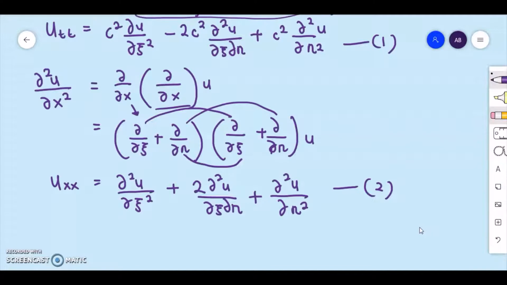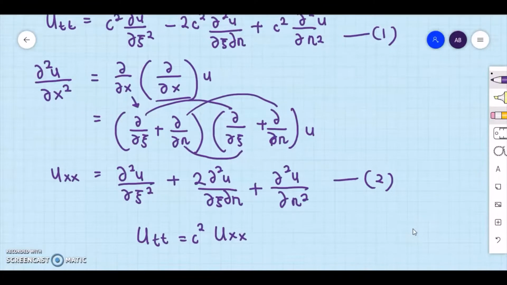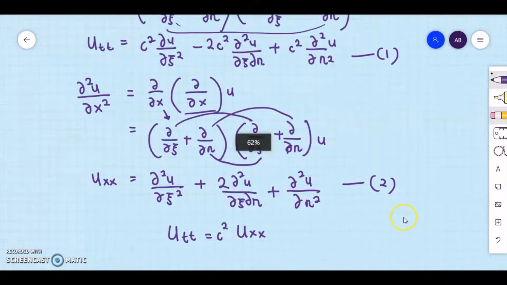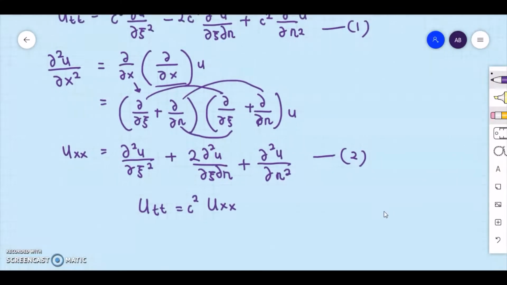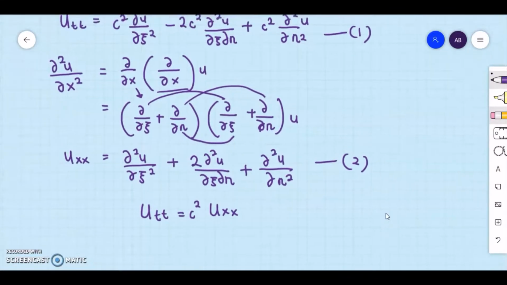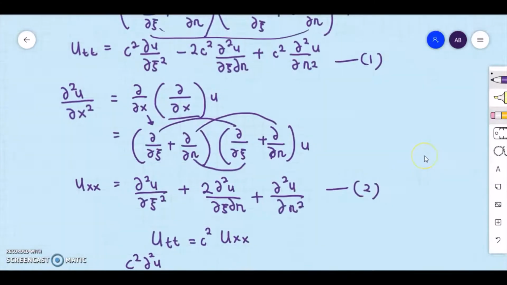Now substituting this equation, it's going to involve a very long equation. Make sure I remember what I'm writing. So I have c squared partial squared u over partial xi squared. I have 2 here, I left it out, so just correcting it.